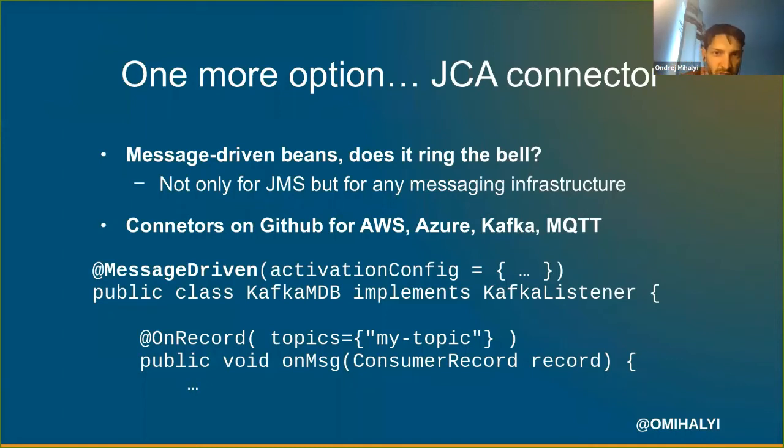For example, we can start developing against Kafka, which we can run locally, but then later refactor this easily to support Amazon messaging service. The code resembles message-driven beans, and if you were using message-driven beans previously, you would find the code familiar.